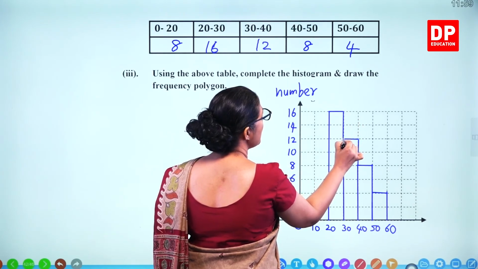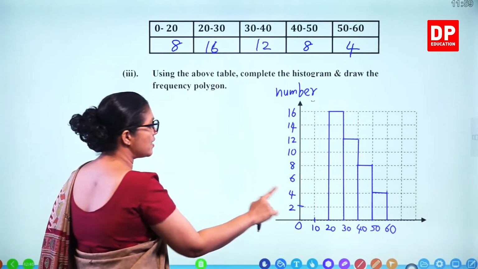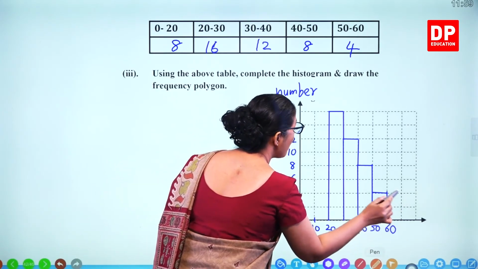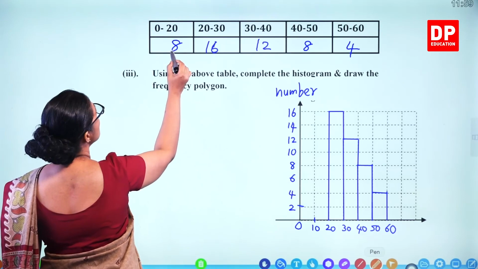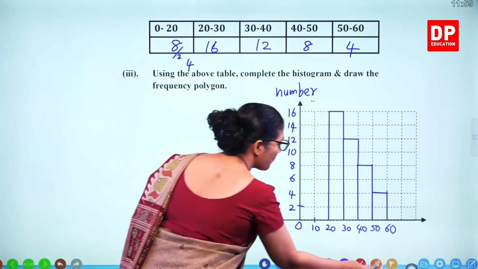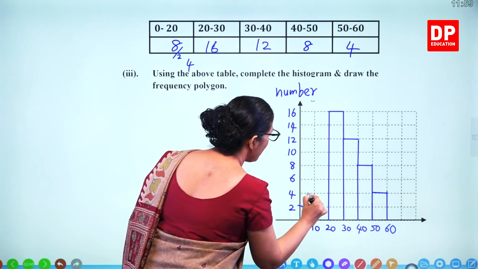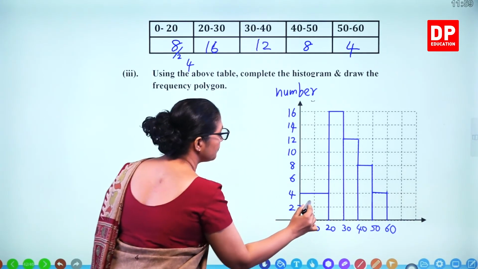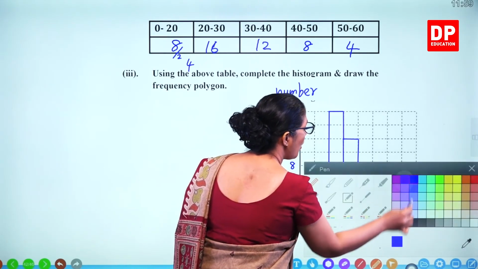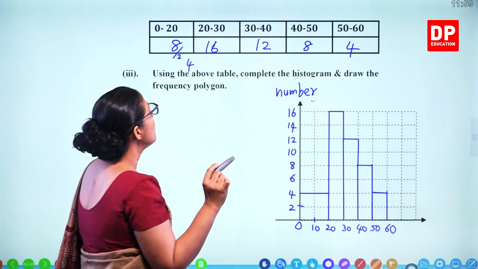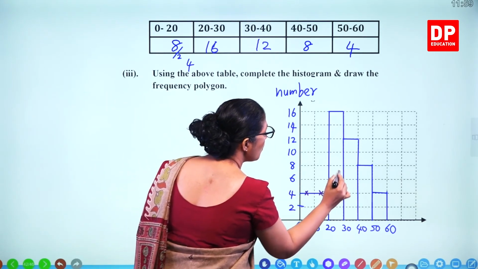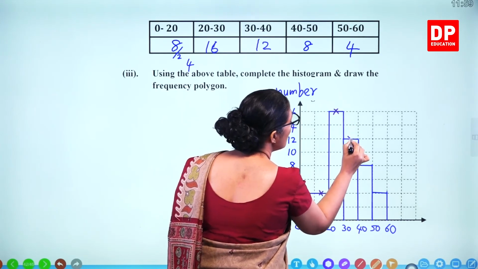Only problem is here. This is 0 to 20. Width is not the same, so you have to divide this by 2 because there are 2 intervals like that. So divide by 2, you get 4 each. So you can draw the bar now here to here. And that's the histogram. Now we'll take the midpoints to draw the frequency polygon. Midpoint of equal bars.